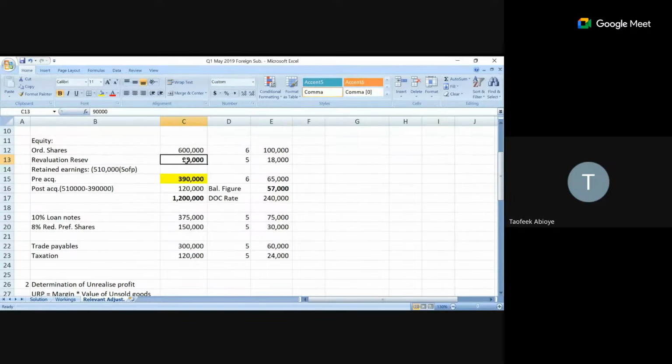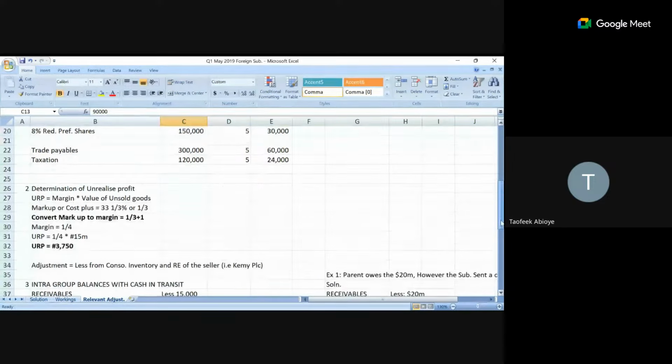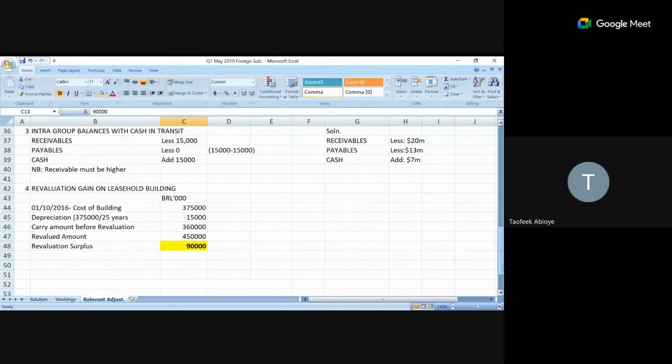And truly, it has been included. So this additional information is just to confirm that this 90,000 has been included, because the revaluation reserve was 90,000. And that is all about additional information 4.